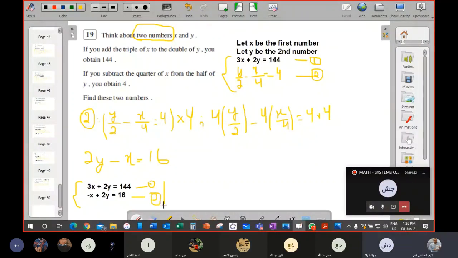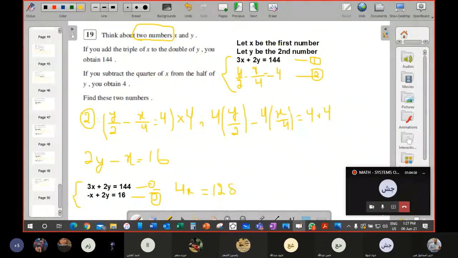Very good. So we subtract. 3x minus x is how much? 4x. 2y minus 2y is 0. So 4x equals 144 minus 16, which is 128.